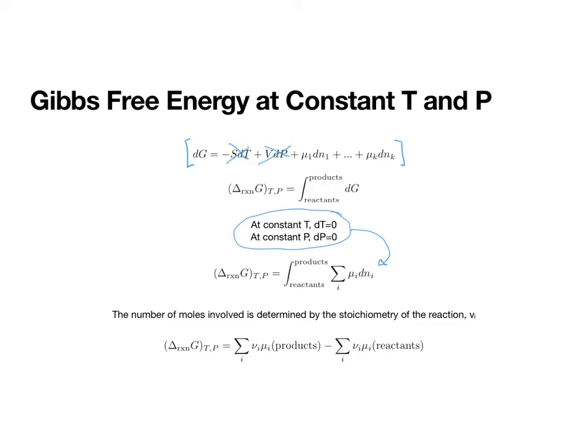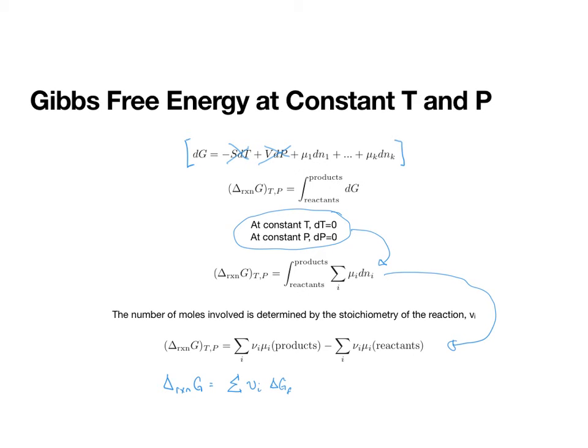And by using the number of moles determined by the stoichiometry, and doing that integral, we can find that delta G is really equal to the products minus the reactants. And this can go right into the same concept that we've been working with, Hess's law.